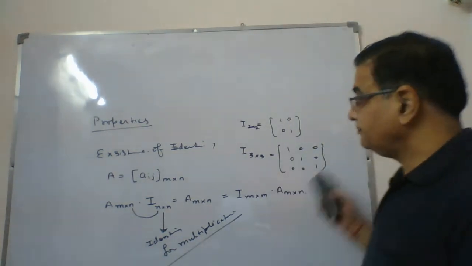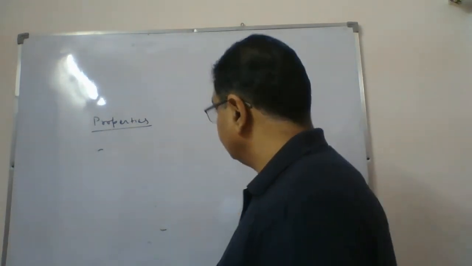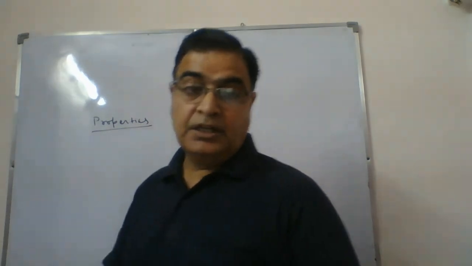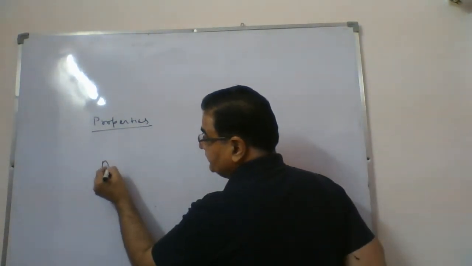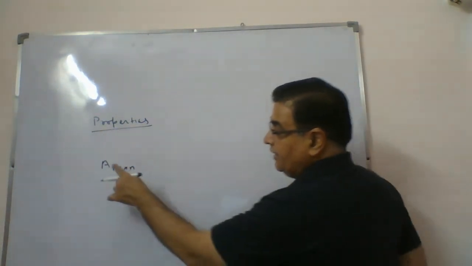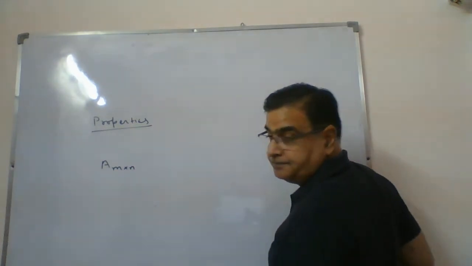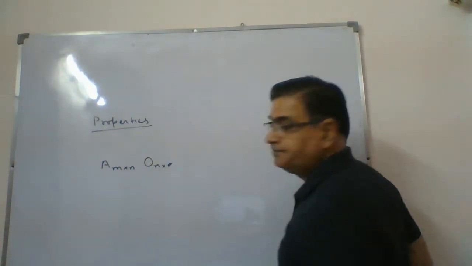Next property: if any matrix is multiplied with a null matrix, the result is always a null matrix. A matrix has order m into n, and the null matrix, I am taking, is n into p.